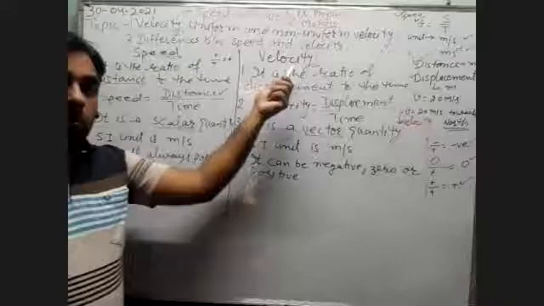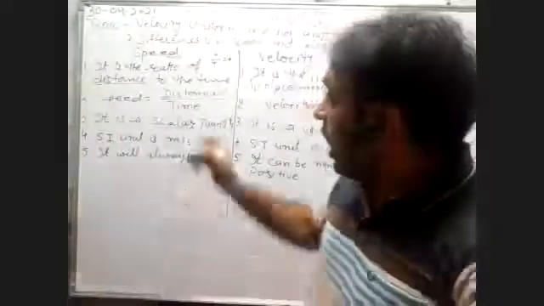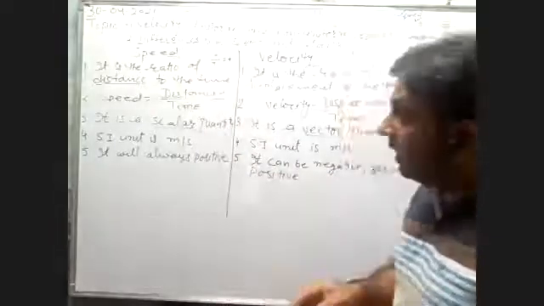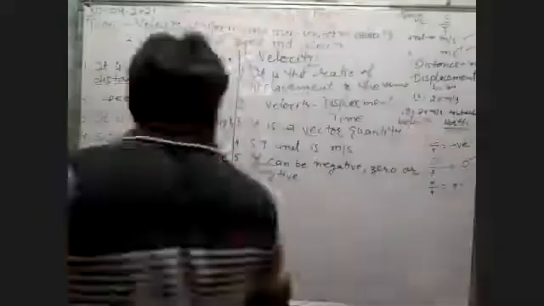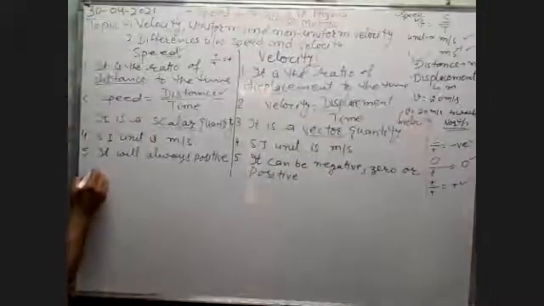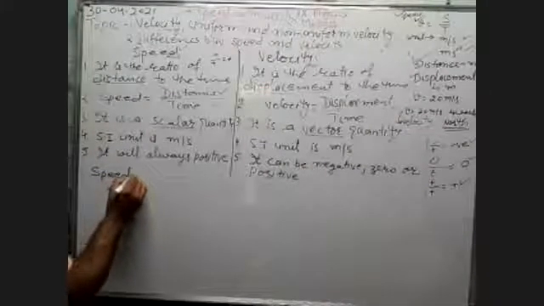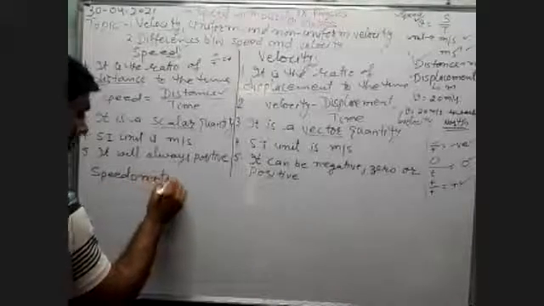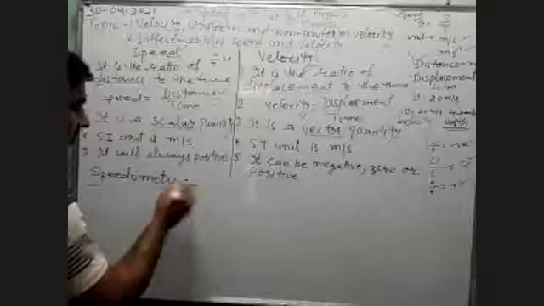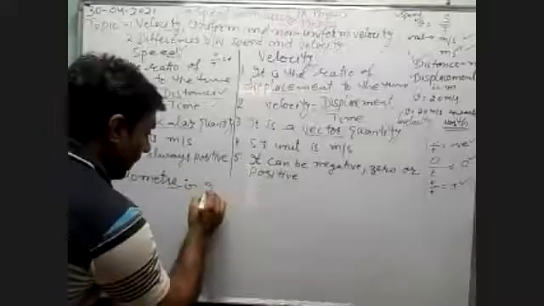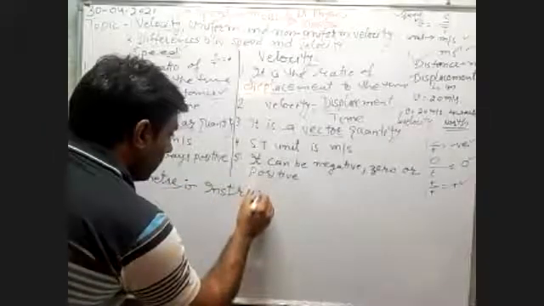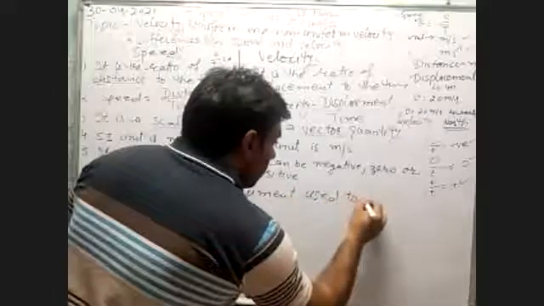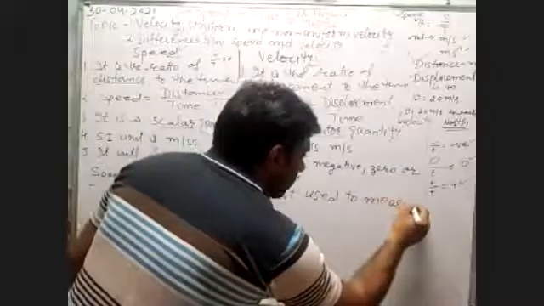As you know from junior classes, with the help of which instrument do you measure speed? With the help of a speedometer. So what is a speedometer? It is an instrument used to measure speed.